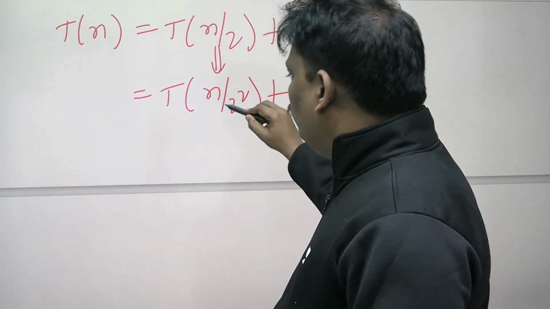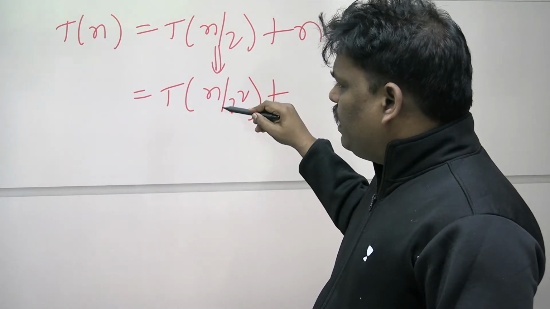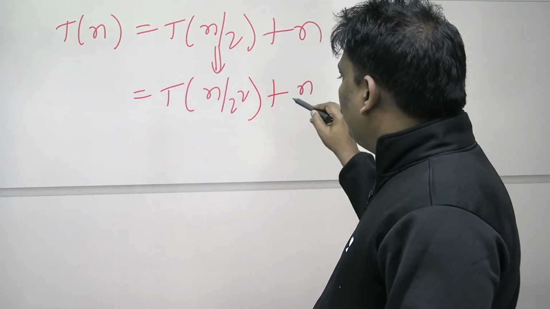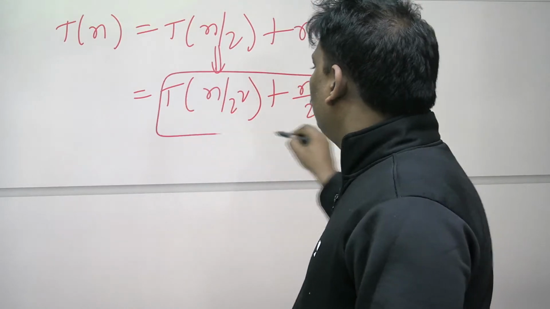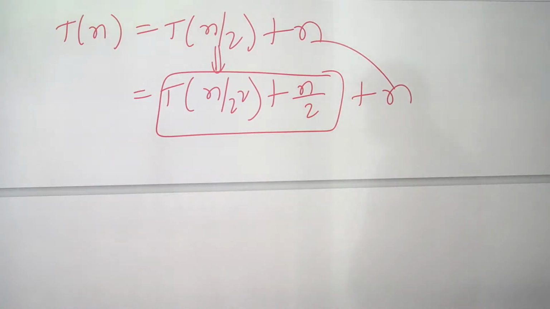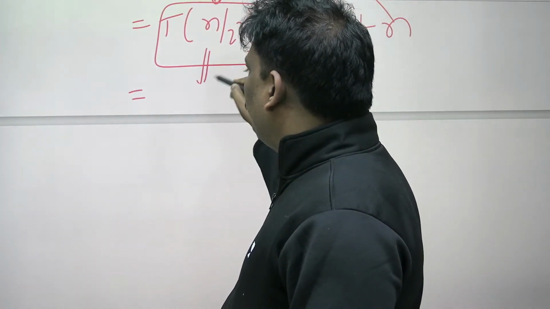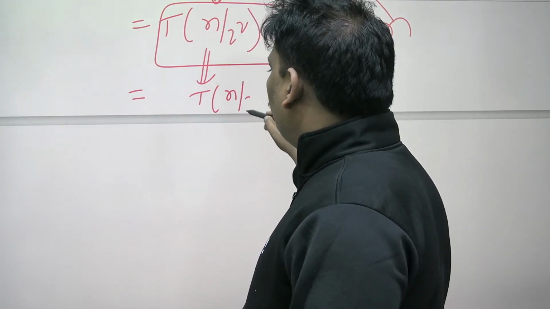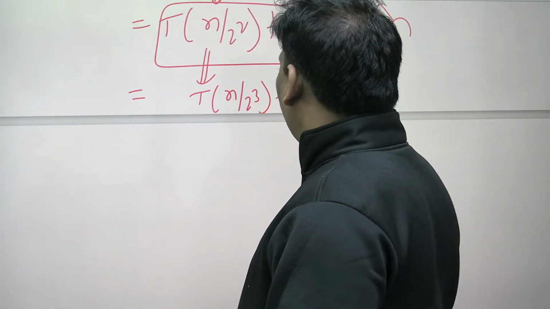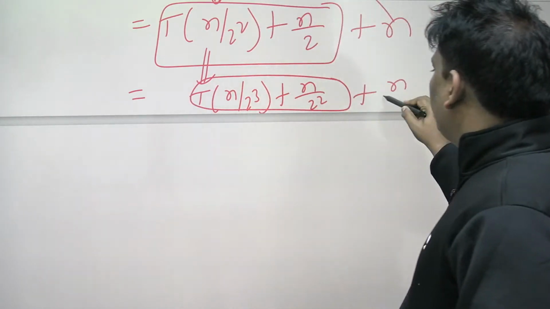Whatever is there, divide by 2, and whatever is there, you have to add here, plus this n. Check properly. Whatever is there, the same by 2, and lastly the same thing you have to add. Now see one more time. It became T(n/2^3) plus n/2^2, and the remaining things are as they are.